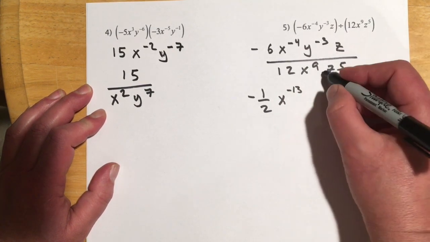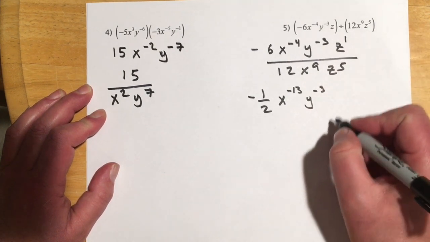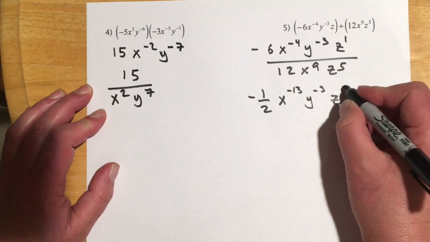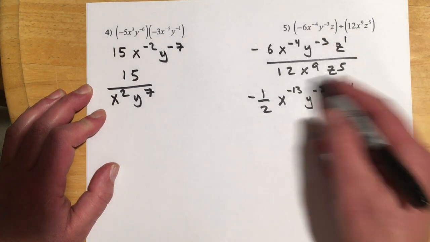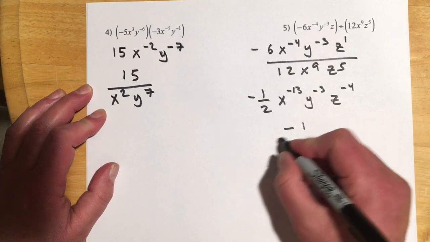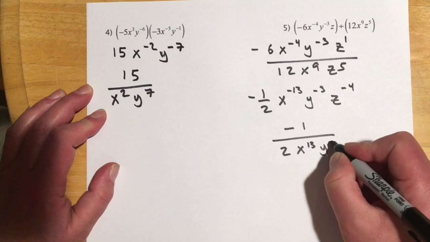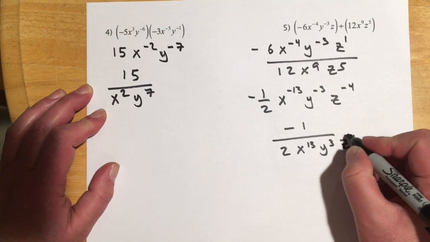Y to the negative 3, there's no y's in the denominator. And then this would be z to the 1 minus 5. And that would make negative 4. And then again, all the exponents are negative. They don't necessarily have to be. They just keep turning out that way in these examples. So they all come downstairs. 3 and z to the 4th.